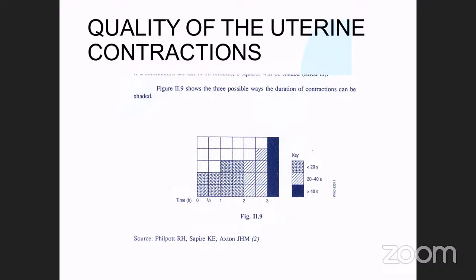The number of boxes depends on the number of contractions in 10 minutes. If she's having contractions lasting 40 to 60 seconds, those are strong contractions, and you shade the whole box. If it's 2 contractions lasting 40 to 60 seconds, you shade 2 boxes; for other counts, shade the appropriate number of boxes.